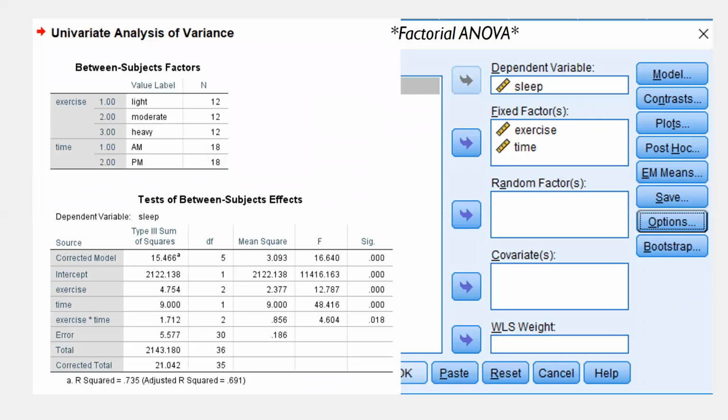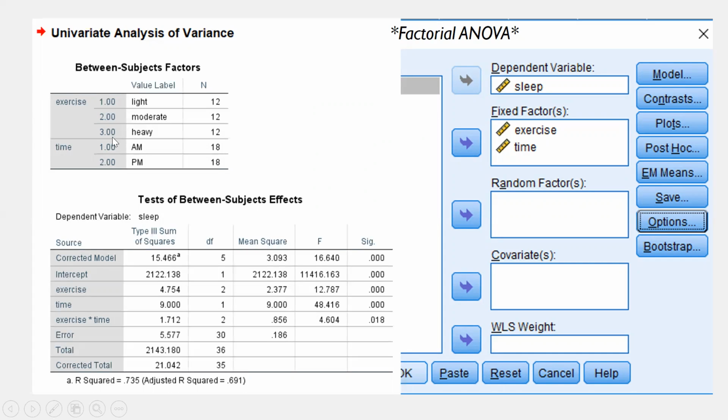So this example from 293, right, the effect of exercise, so light, heavy versus moderate exercise, versus the time of day you got the exercise, and whether or not those 2 IVs interacted to impact sleep. So this is what your output would look like for this kind of an ANOVA. Technically a 3x2.